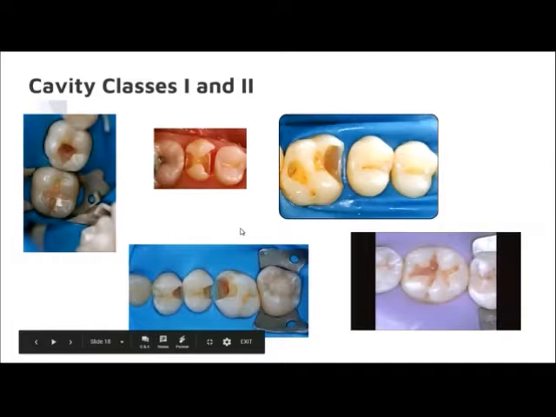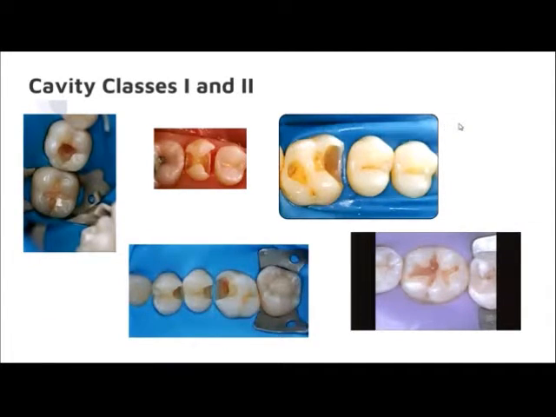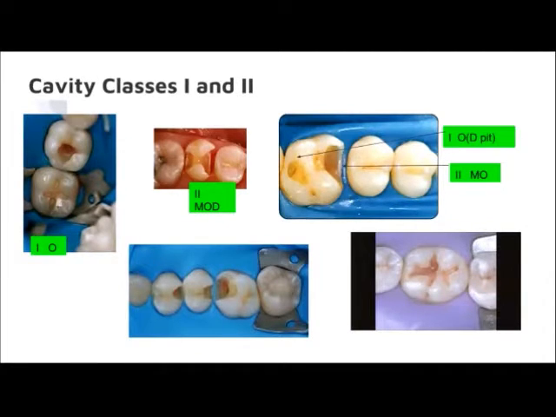You can see in these pictures how nicely the rubber dam really isolates a tooth. And these are all labeled. So this is a class 1 occlusal, class 2 MOD, class 1 occlusal in the distal pit, class 2 MO.